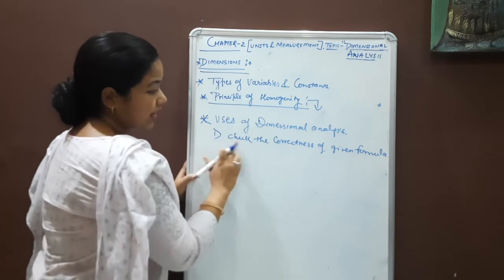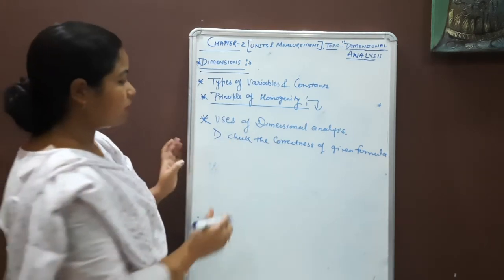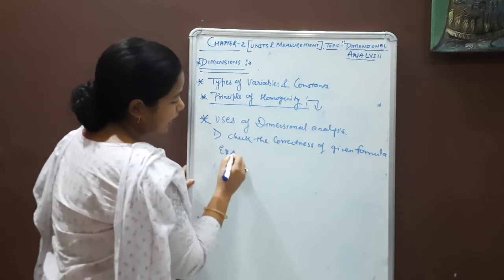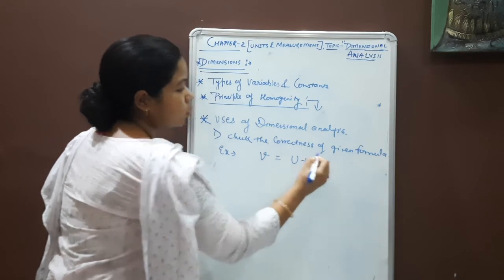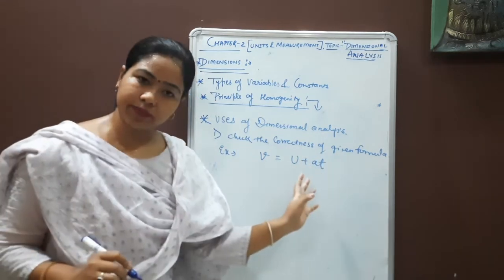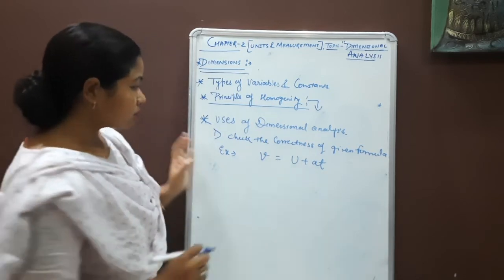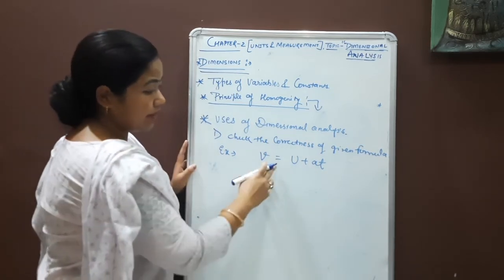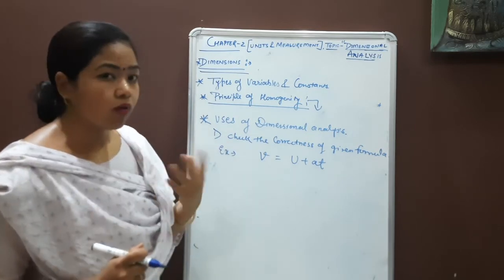So, check the correctness of the given formula or relation. Very simply, first we will take as the example V equals U plus AT. As we are all aware, this is the first equation of motion. Whenever we are checking the correctness of this relation, how will we check?